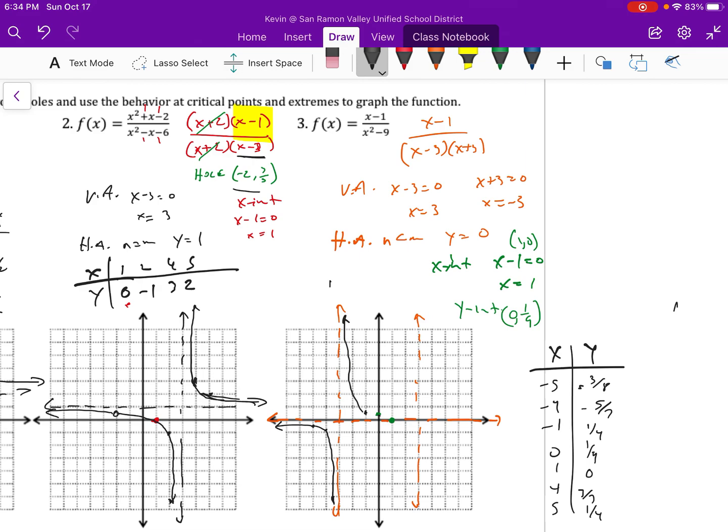Since this point is positive, and at 1 we're at 0, here we're kind of in between. Kind of get the gist of how that's going to look. And at 5 it was 1/4. And at 4 was 3/7. So kind of like that.